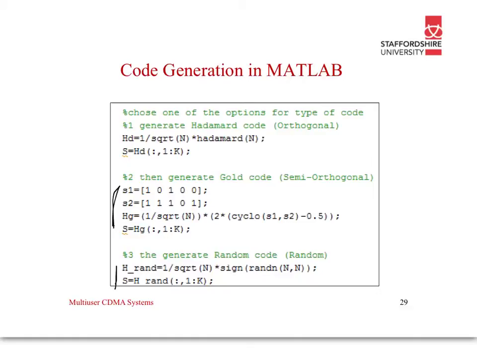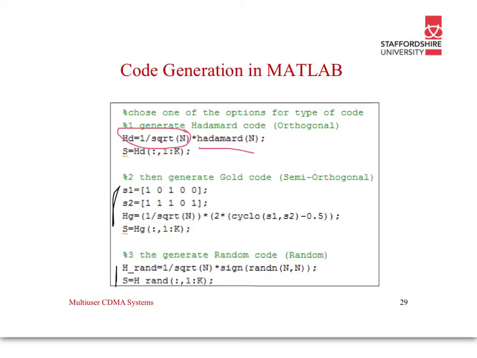So we have the Hadamard function in MATLAB. We just say what size we want the matrix, and then we are scaling down the output because it won't give us ones and minus ones. What I meant to say is it gives the amplitude of square root of n.